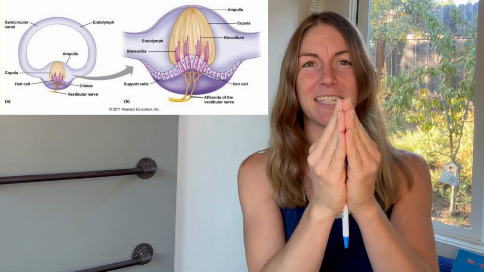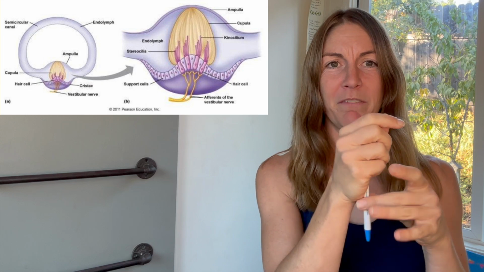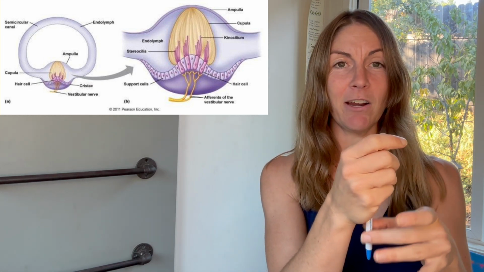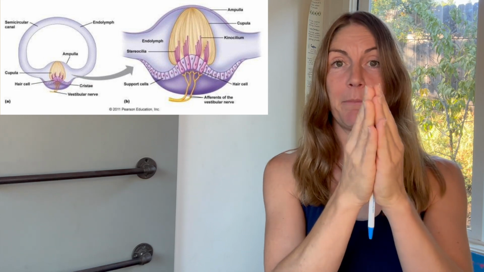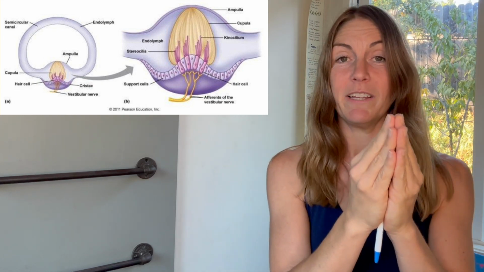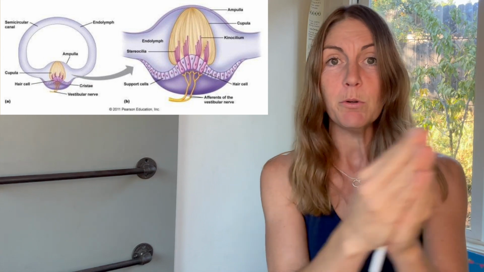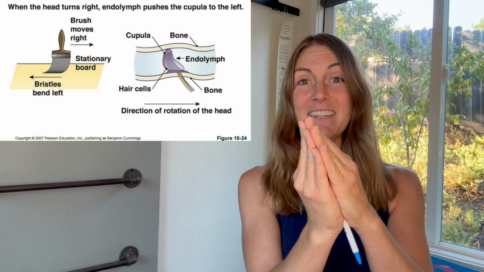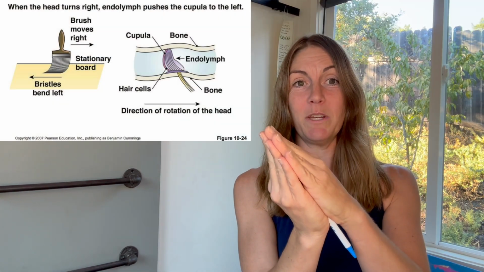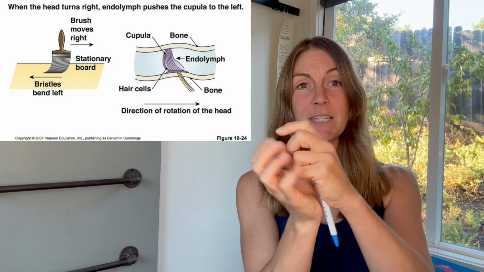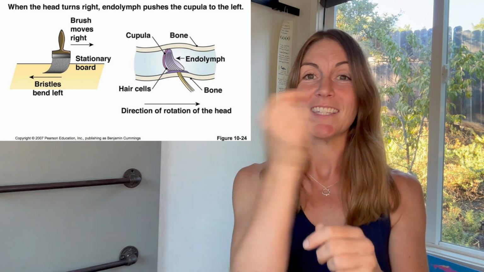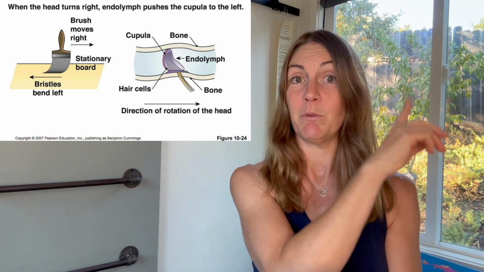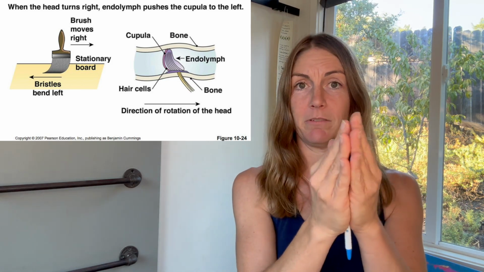And it's like a little sail, and then out of the bottom of it is a hair cell, with the vestibular nerve coming up into it. So just so we're saying the fluid's moving to the right, it's going to bend the cupula and it's going to create a physical shift in this vestibular nerve here, which then gets sent to the brain to be integrated with the information from the other side, which I'll talk about in a little bit.